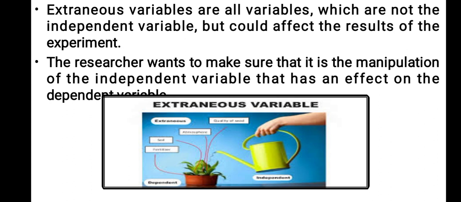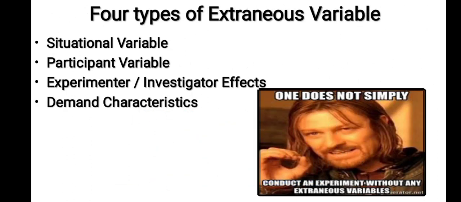It requires soil fertility, water, and fertilizers to be given. All those are variables which have an indirect impact on the growth of the plant, apart from the independent variable. The variable which has an influence on the dependent variable is called an extraneous variable. These are not independent variables as such, but they could affect the results of the experiment. That is called extraneous variables.